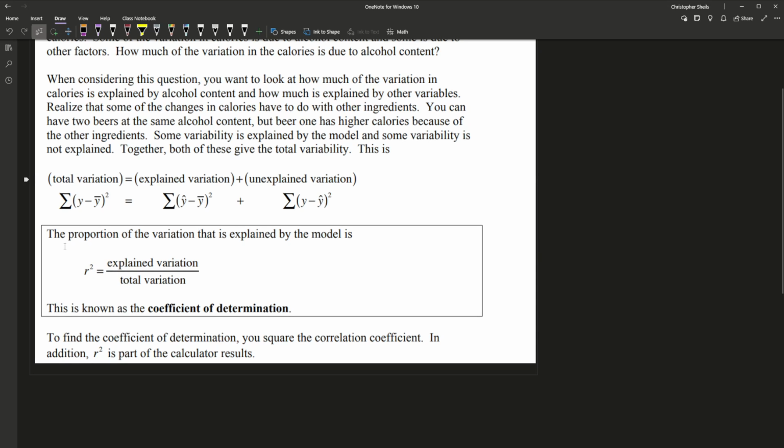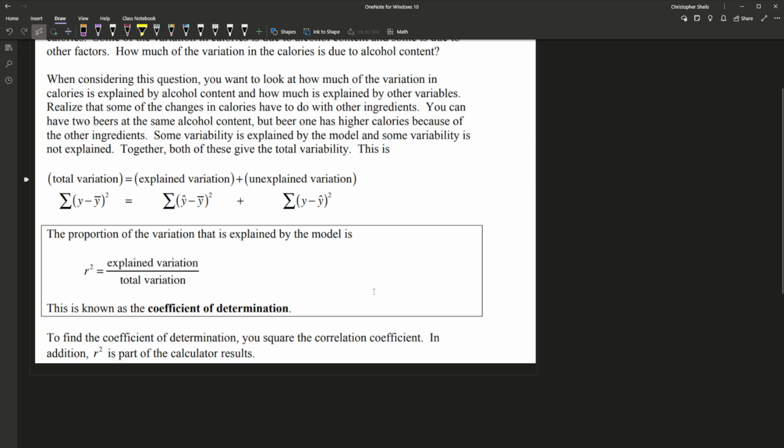So the proportion of the variation that is explained by the model is r squared. This is the explained variation divided by the total variation. This is also known as the coefficient of determination. To find this coefficient of determination, we square the correlation coefficient.